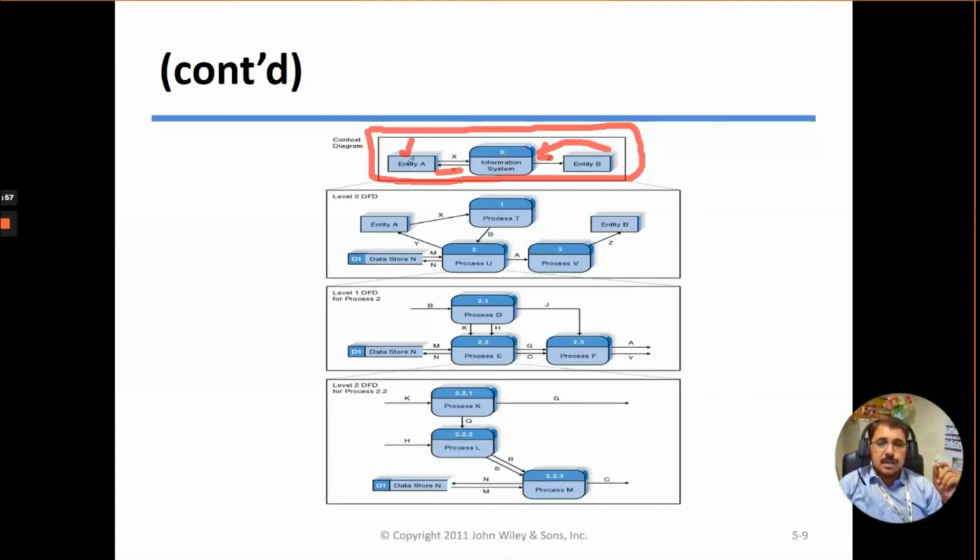Actually, getting information from a system is not so easy and not so simple. It has many sub processes, but at the context diagram level we show the whole process as one.